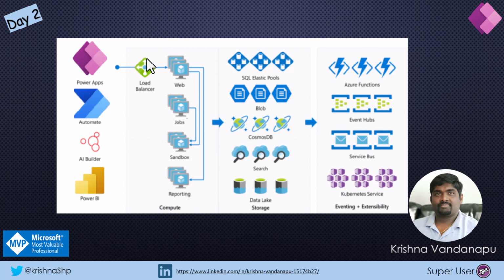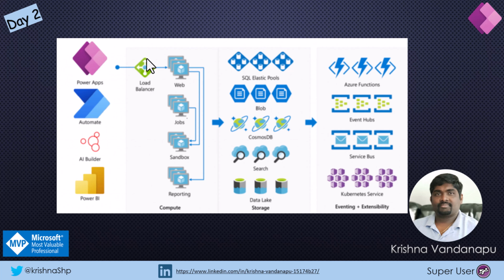Once the web front end server receives the request, it will identify where the user has to be redirected, whether onto a sandbox environment or a reporting server, because to get the best performance or efficient applications, users will always place all the reporting engines at one location and applications at another.